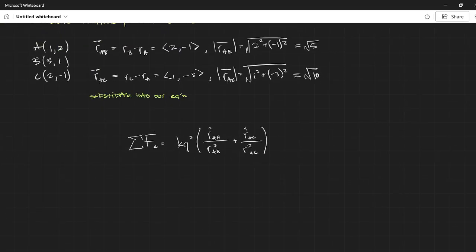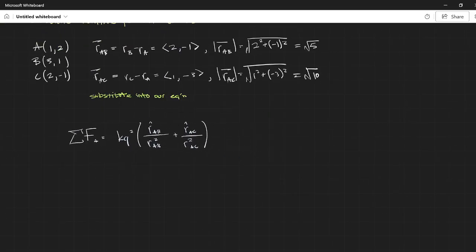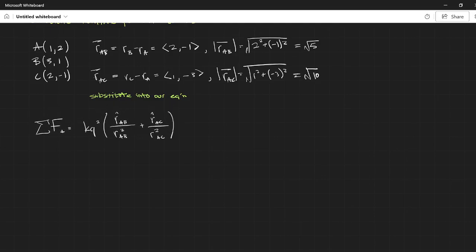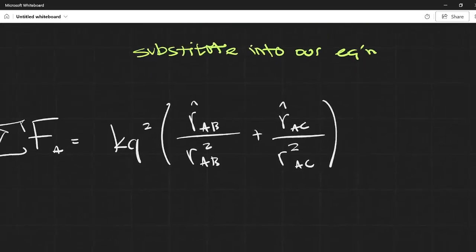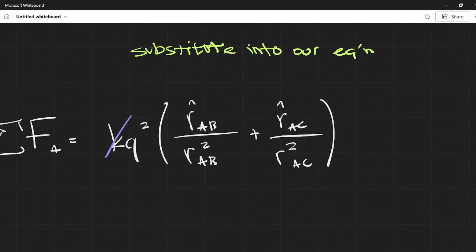Good. Okay. So substitute our stuff into the equation. What do we have going on here? I'm just going to cross stuff out here and replace it. So we have 9 times 10 to the 9 times 100 times 10 to the negative 9 squared.